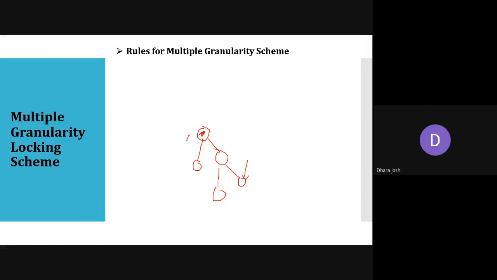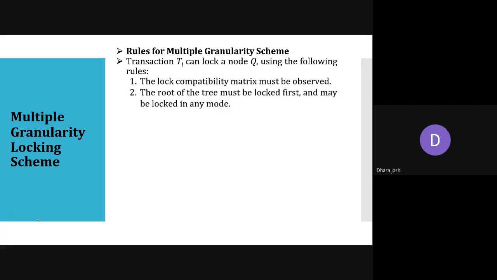It can be locked in a shared mode, an intention shared, exclusive, any of the modes, but the root should be locked. This is the second rule: the root of the tree must be locked first and may be locked in any of the modes.